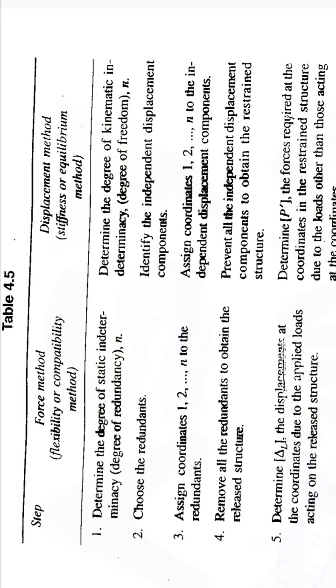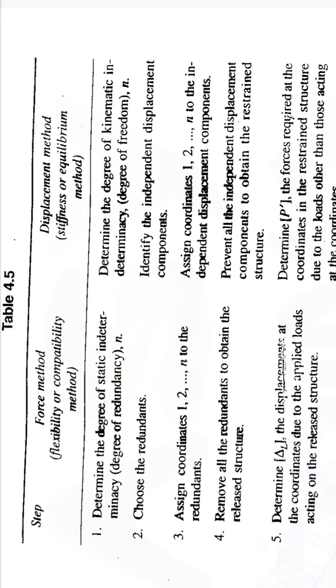Next, in the same case for the independent conditions, assigning coordinates to the independent displacement components. Already existing free forces, for that you will assign the coordinate numbers and apply the unit forces.